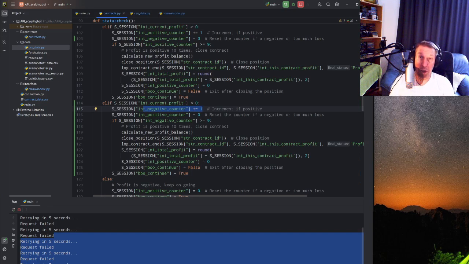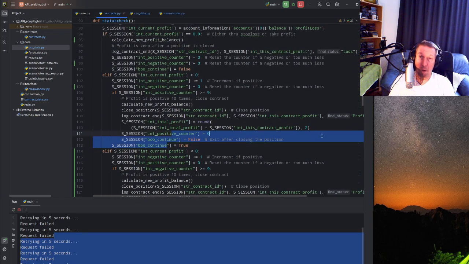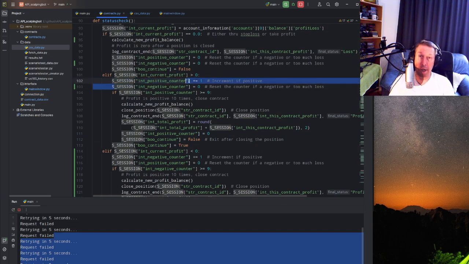And if there is a switch, then we have the positive counter +1 and the negative counter reset to 0. So both of them are still canceling each other out if there is a switch in the market.